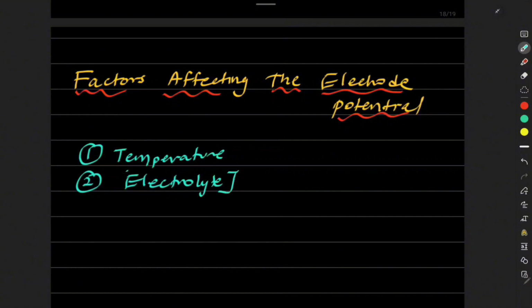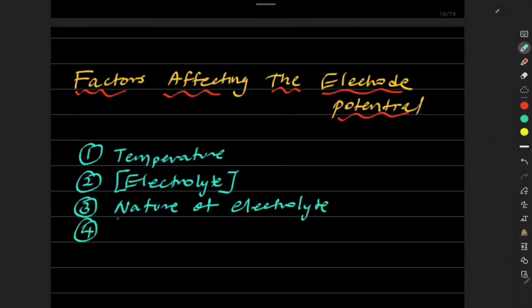The third factor is nature of the electrolyte, the fourth one is pressure of the gas, and the fifth one is type of electrolyte.